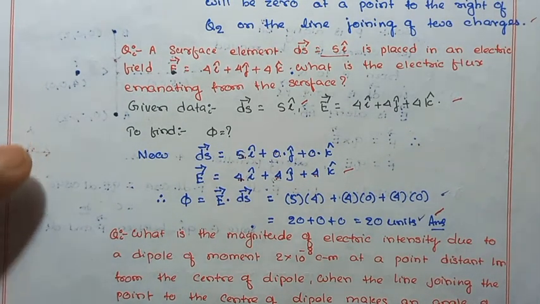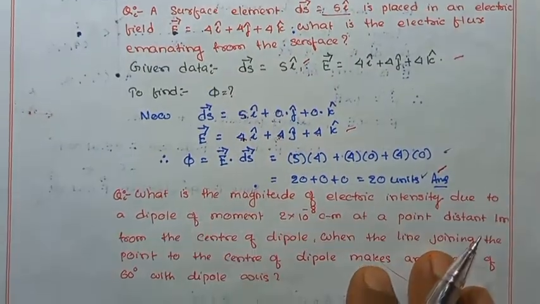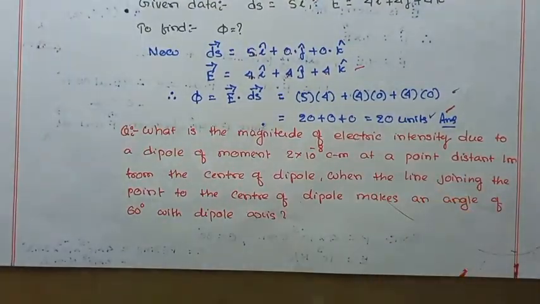Okay. One more important question. That question is, what is the magnitude of electric intensity due to a dipole moment 2 into 10 power minus 8 coulomb meter at a point at distance 1 meter from the center of the dipole, when the line joining the point to the center of the dipole makes an angle of 60 degrees with the dipole.